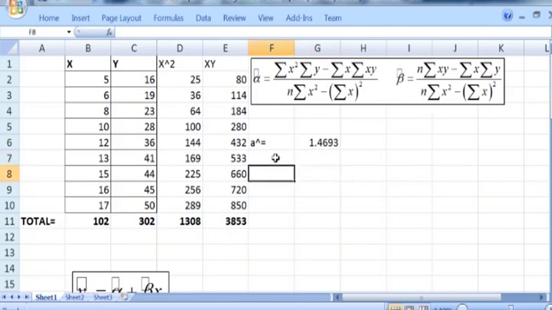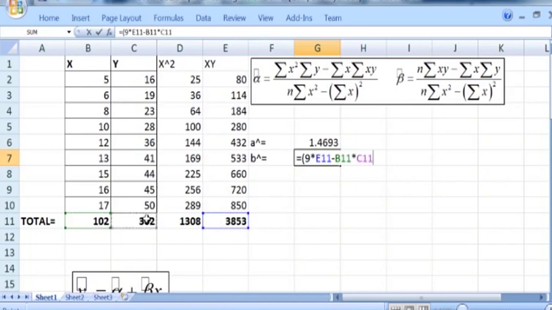Now in order to calculate beta hat, just type this, and this will give us beta hat. Start with the parenthesis n, which is 9 times summation xy, which is in E11, minus summation x times summation y. That's it.